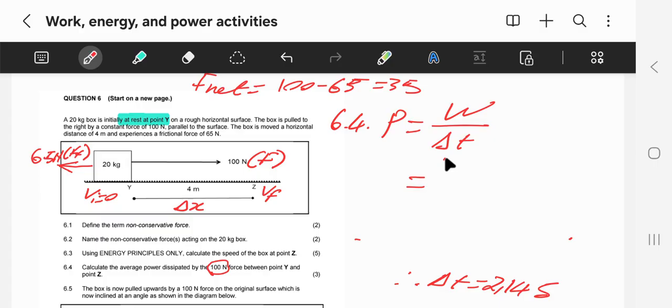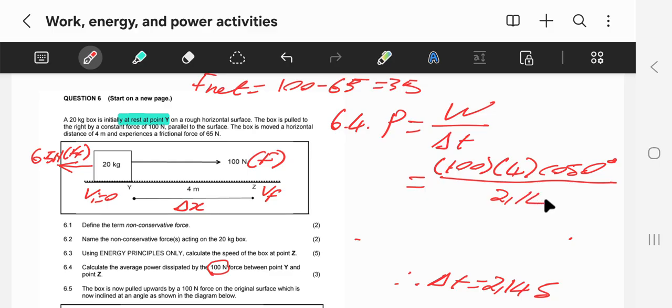So we will see 100 multiplied by our displacement of 4 meters cos 0 degrees, divided by our change in time, which is 2.14, and our answer will be what?